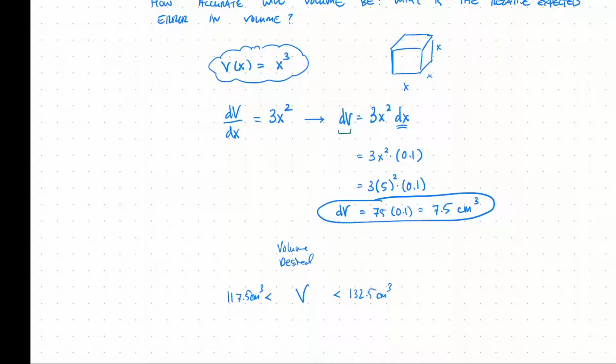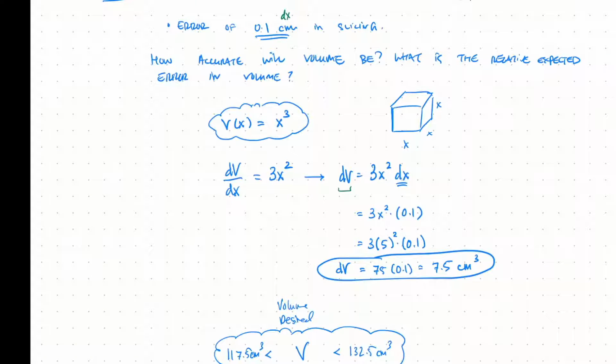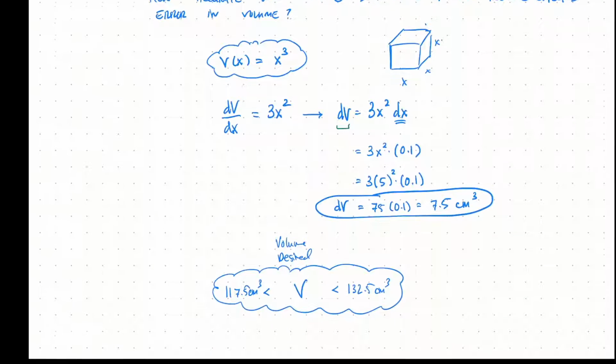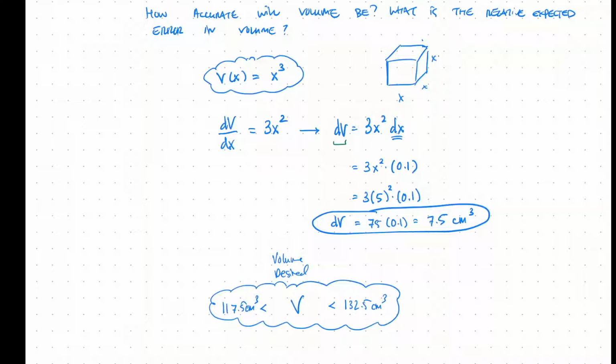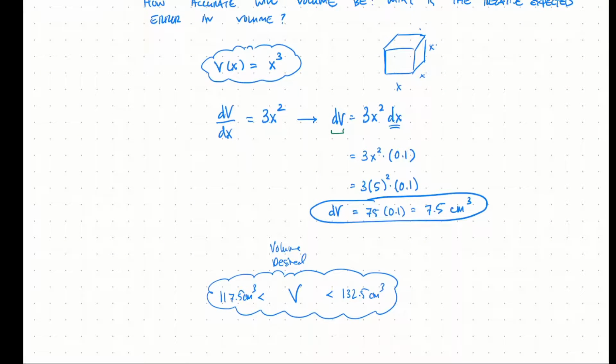Anywhere in between is where our volume could land, right? This is our approximation for the total error. It's a big range if you think about it. But again, any one of these dimensions or all three could be off by that little amount, and then that amount gets cubed. So you can see the drastic effects it can have just because of multiplication.